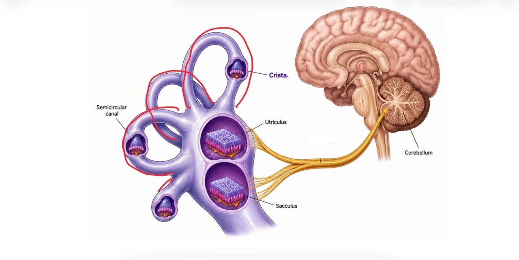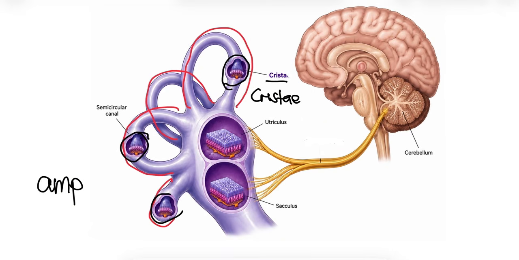And inside these semicircular canals, we have these structures that are known as cristae: cristae when they are many, and crista when it's one. These cristae are found in the ampullae, ampullae when they are many, ampulla when it is one.